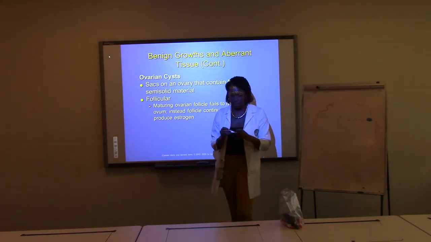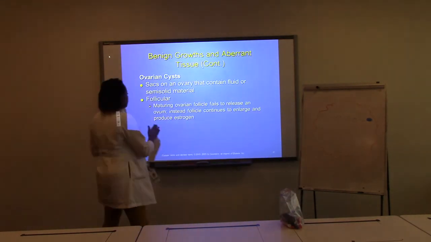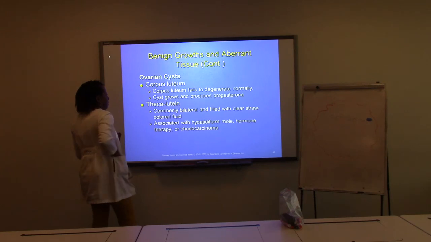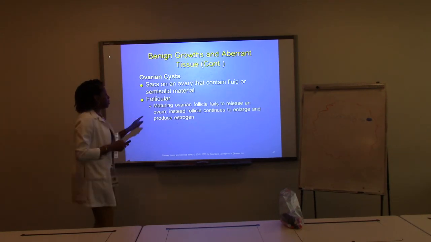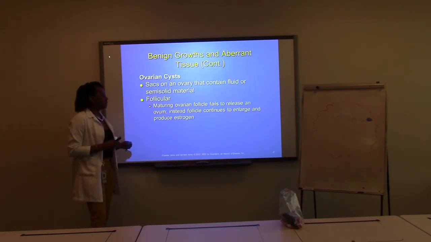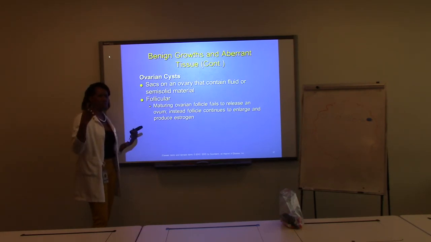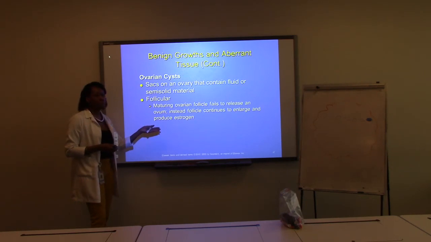The maturing ovarian follicle fails to release an ovum. Instead, the follicle continues to enlarge, forms a cyst-like formation, and produces estrogen.